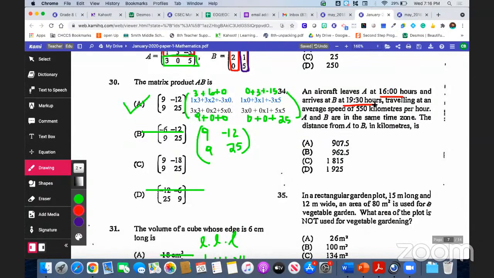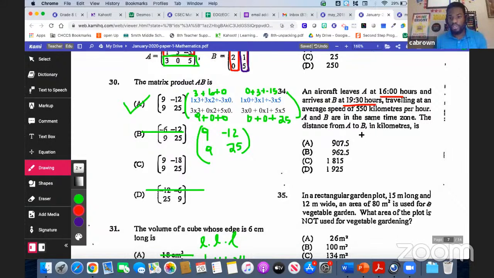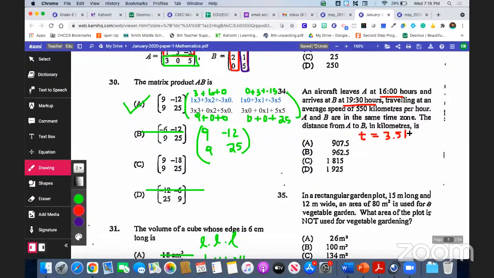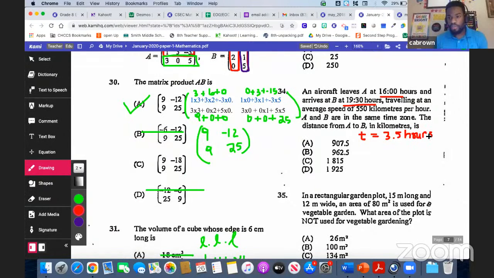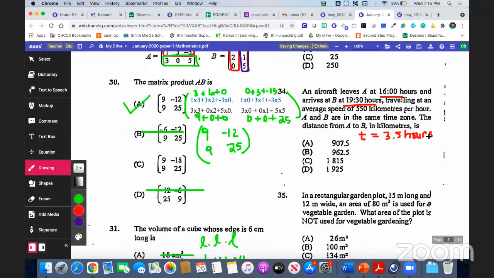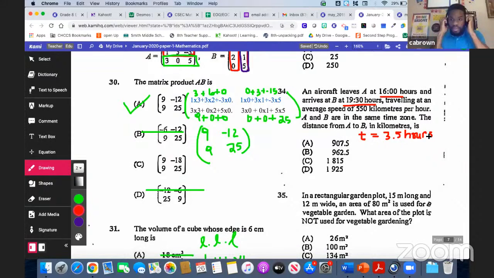So 16 to 19, that's 3. And then half an hour. So for the time, it took 3.5 hours.